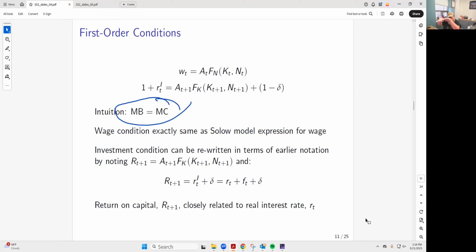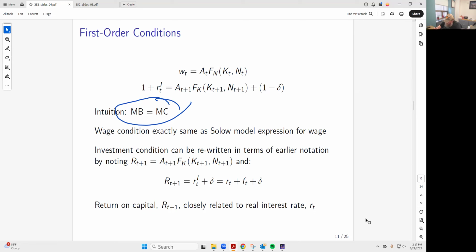So we have a decision rule that basically says that the marginal cost I'm willing to pay for something like labor is going to be equal to the productive benefit I get from hiring that additional unit of labor.